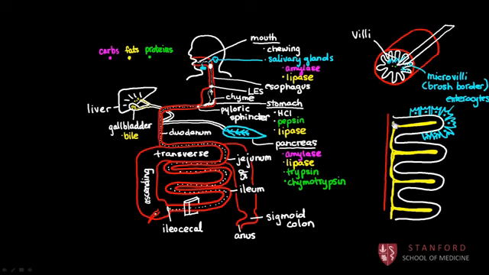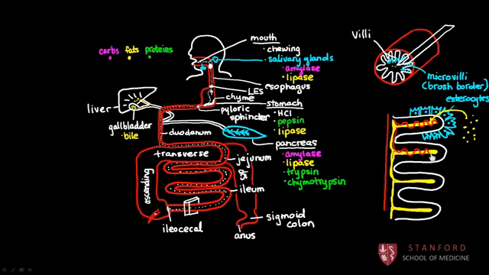And because I'm drawing them in yellow, you might guess that the fats that are going to be in this lumen, and they've been emulsified by the bile, they've been broken down into smaller pieces by the gastric lipase and the salivary lipase and the pancreatic lipase, all of these small units of fat are going to be absorbed into the central lacteal and pass into the lymphatic system.